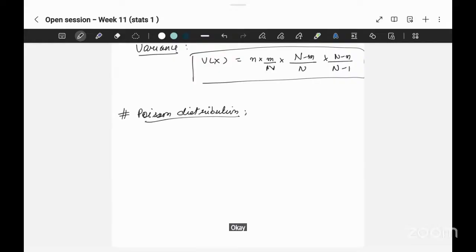So the Poisson distribution is basically the probability of the number of events occurring in a fixed interval of time.